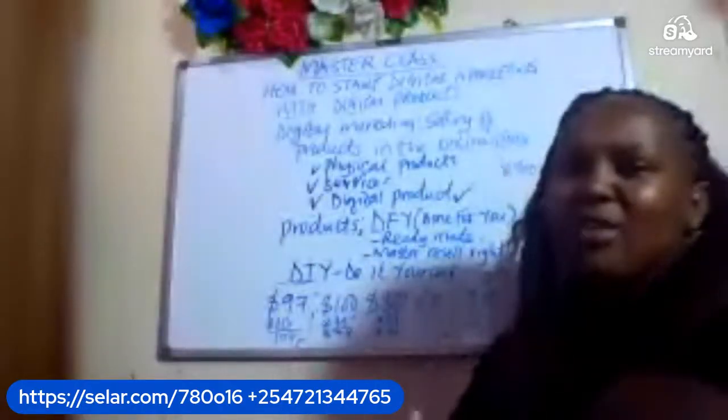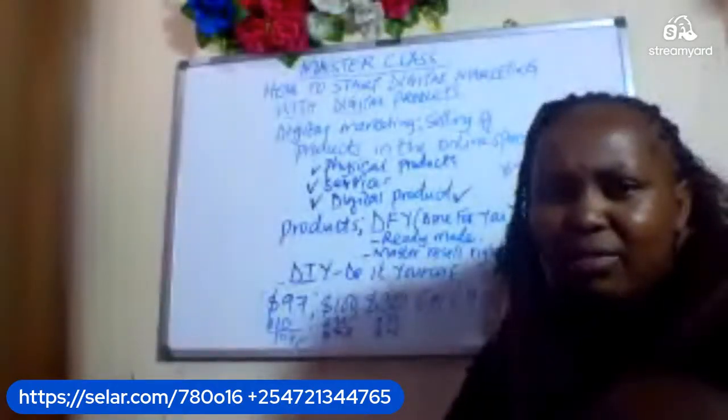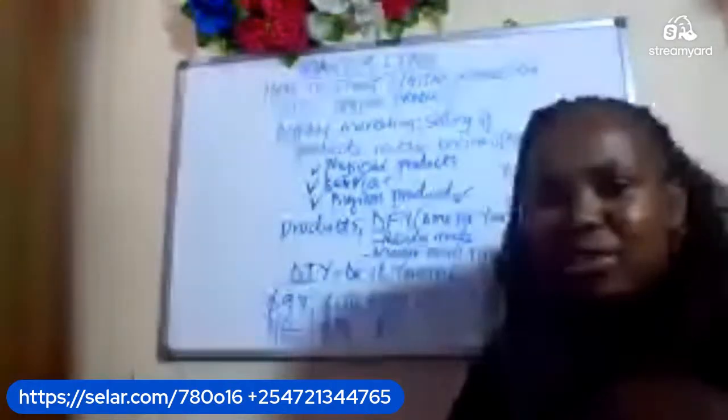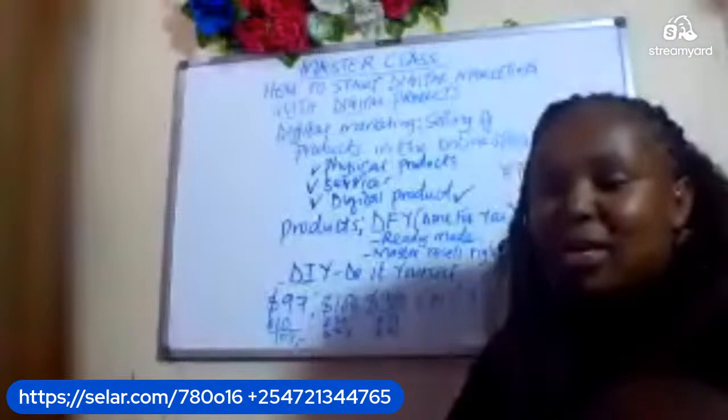If you really want to support your family financially... Phineas, please, madam, the DIY and DFI, so they use different online stores? Yes, you can use different online stores, but online stores can also allow you to have multiple digital products. Like for the one that I'm having currently, all of them are available.